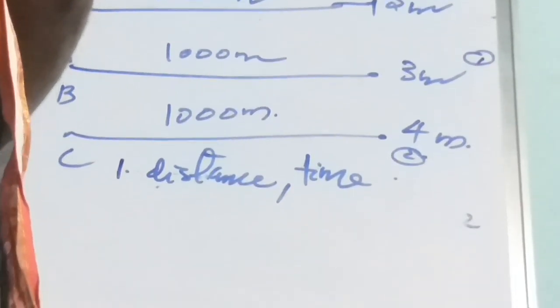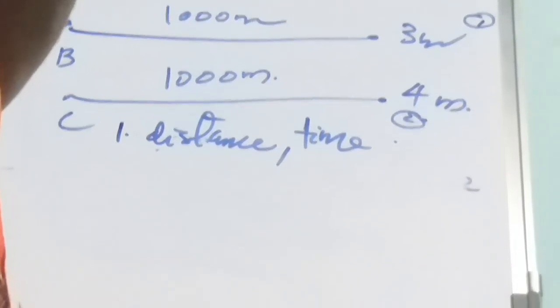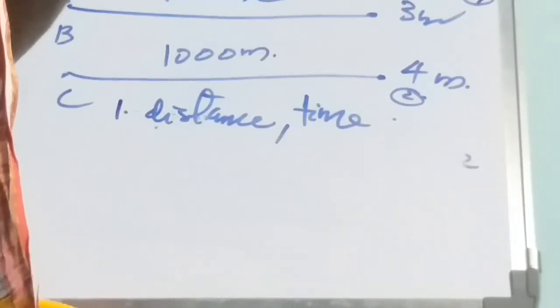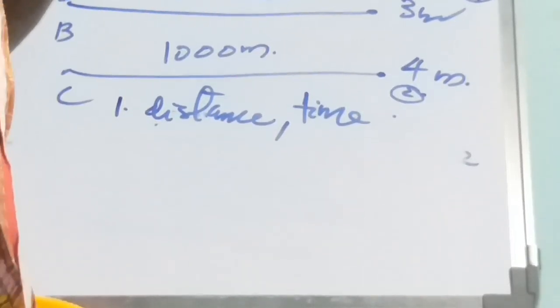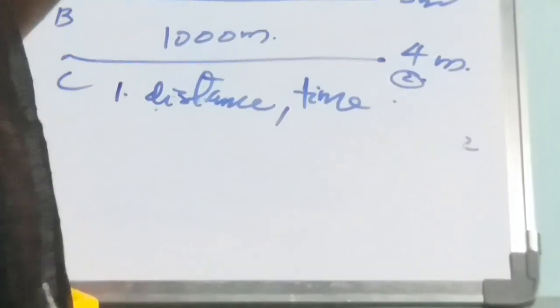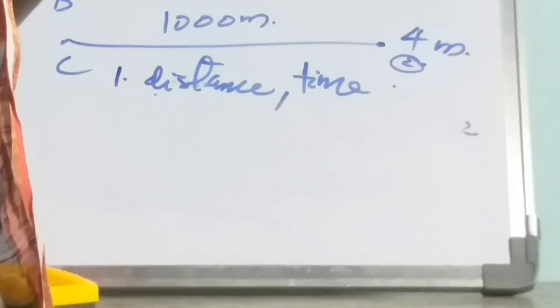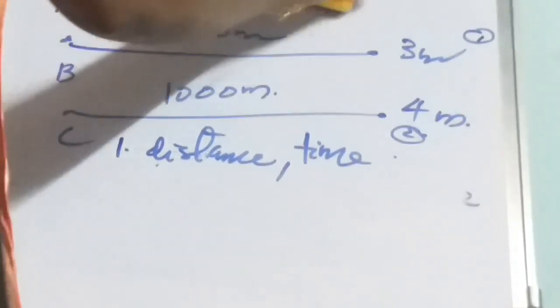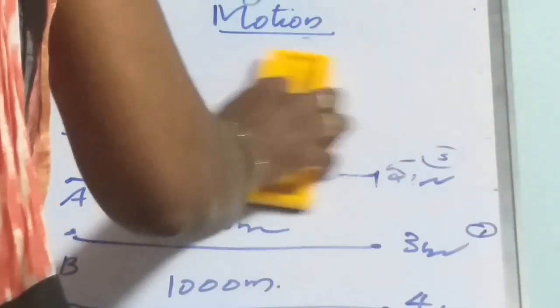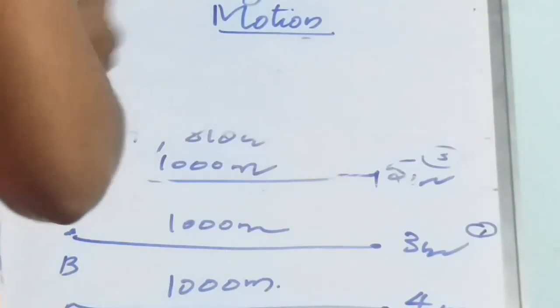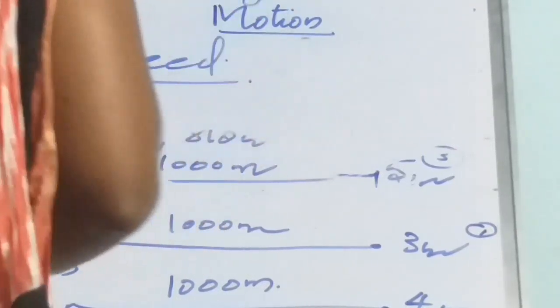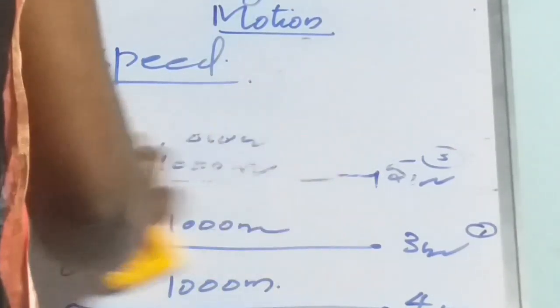So for measuring the rate of motion, we need distance as well as time. To describe the rate of motion, we use a physical quantity that is called speed.